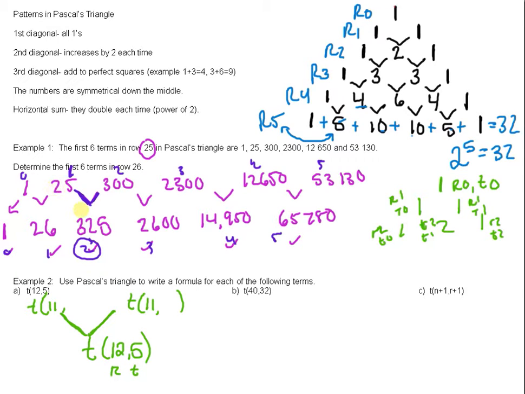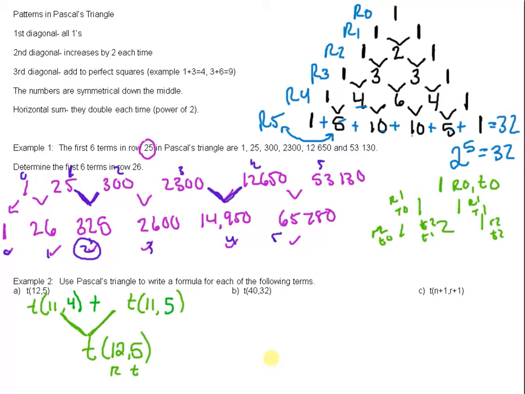So the previous one and the same one. Term 4 came from 3 and 4. The previous one and the same one. So going back to that logic, term 5 came from the previous one, which is term 4, and the same one, which is term 5. So we can write a formula saying term 11, 4 plus term 11, 5 equals term 12, 5.